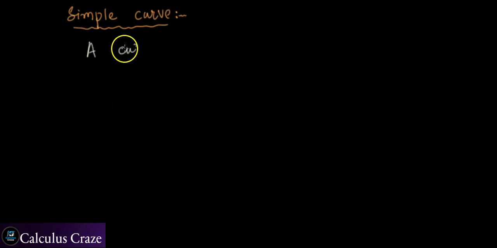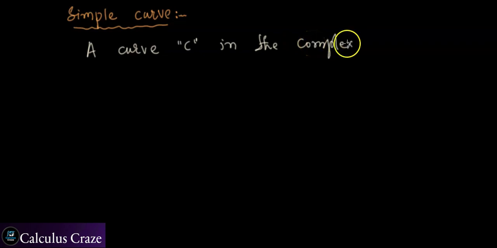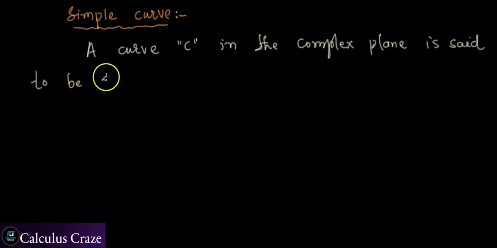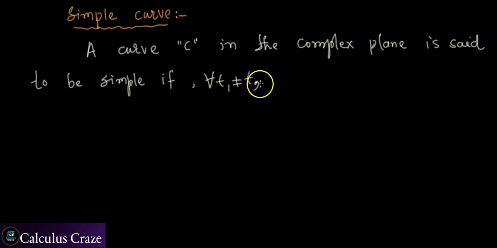A curve C in the complex plane is said to be simple if, for every t1 not equal to t2, z of t1 is not equal to z of t2.